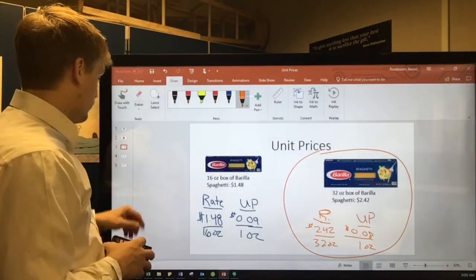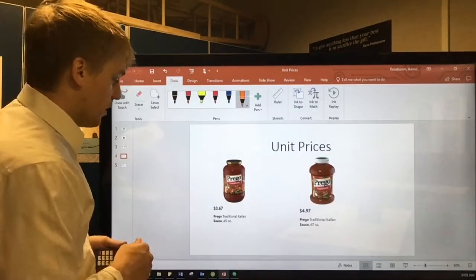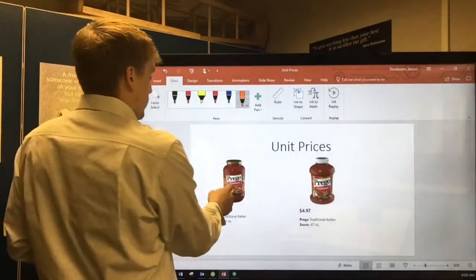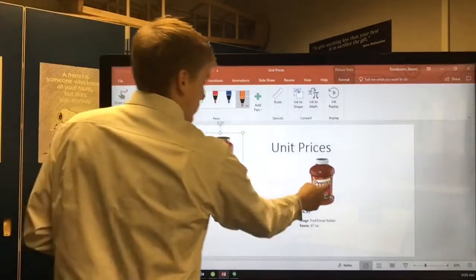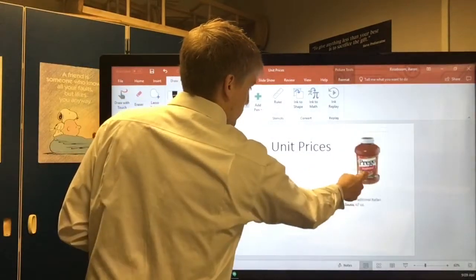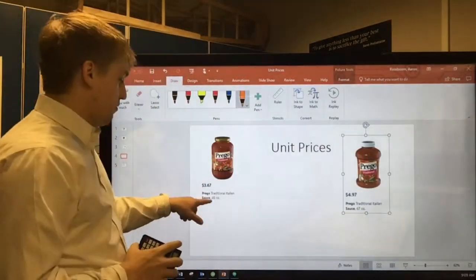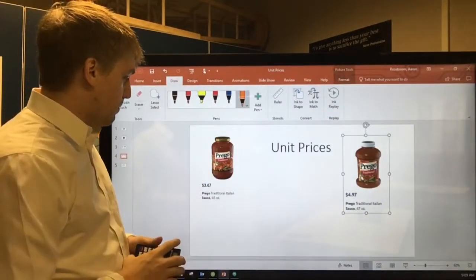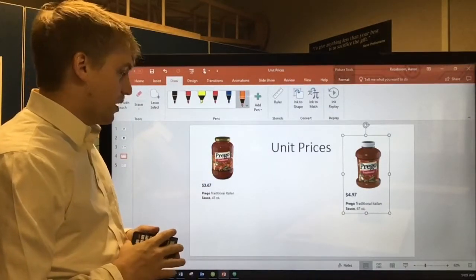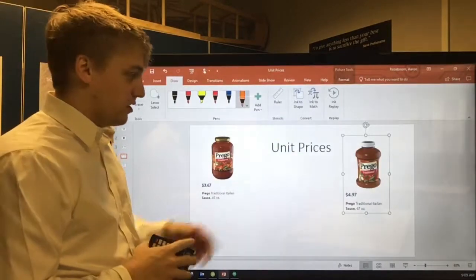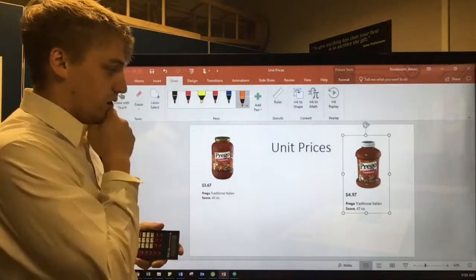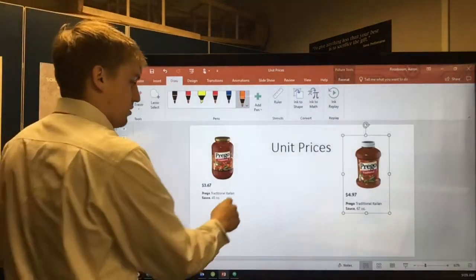Okay, let's try another one. You have a 45-ounce bottle of Prego traditional spaghetti sauce, and you have a 67-ounce bottle of Prego traditional spaghetti sauce.